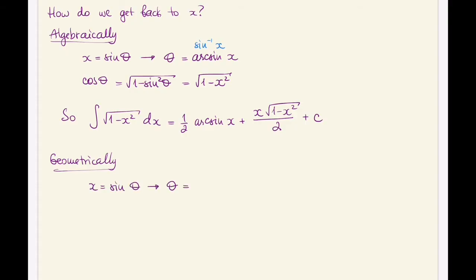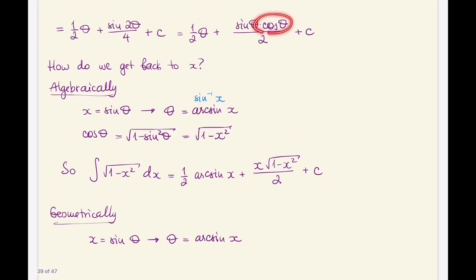This is the definition of what theta is. Theta is arcsine of x. But now geometrically, let's remember that sine is opposite over hypotenuse. And therefore cosine, which is what I need in my expression in the end, is adjacent over hypotenuse.